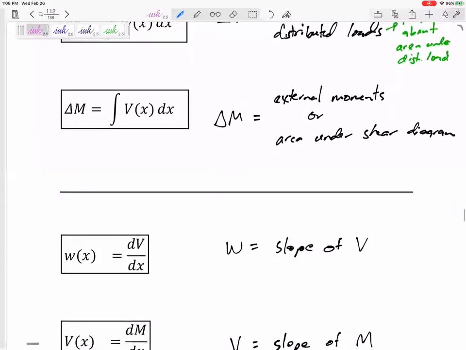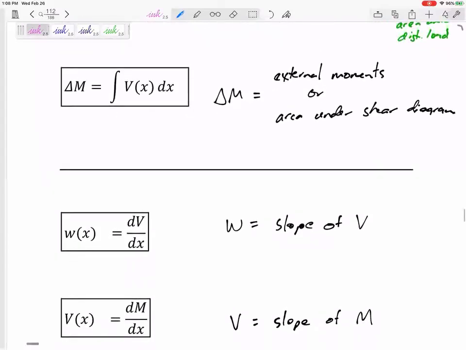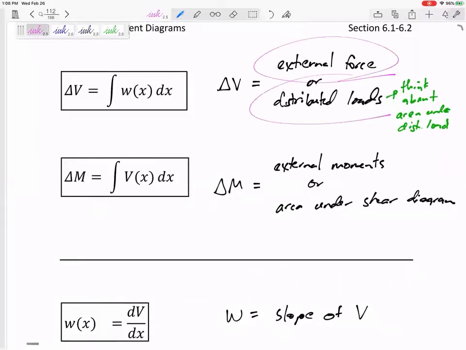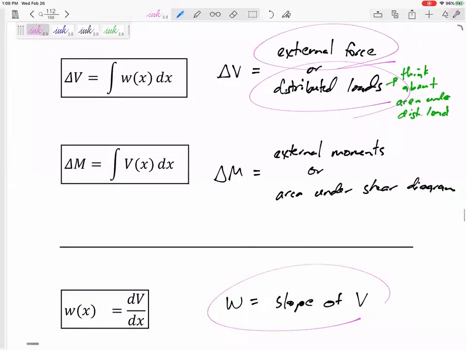Maybe I could color code this. When I'm drawing my shear diagram, I'm looking for these three things: external forces, which push it straight up and down; distributed loads, which push it up and down over a length; and knowing that the loading is the slope of my shear.